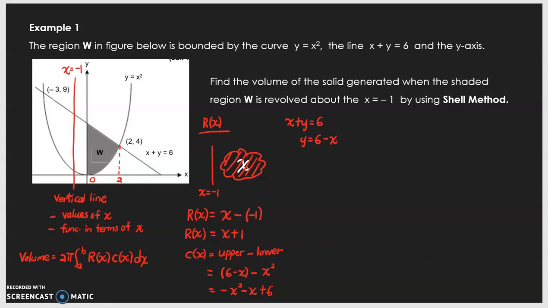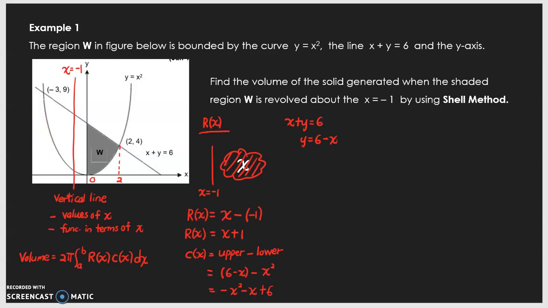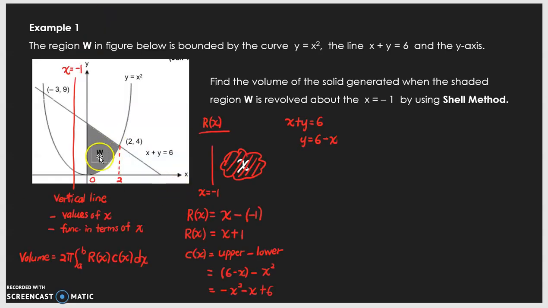So finally, the volume is equal to 2 pi integrate from 0, if you refer to this graph, 0 until 2.